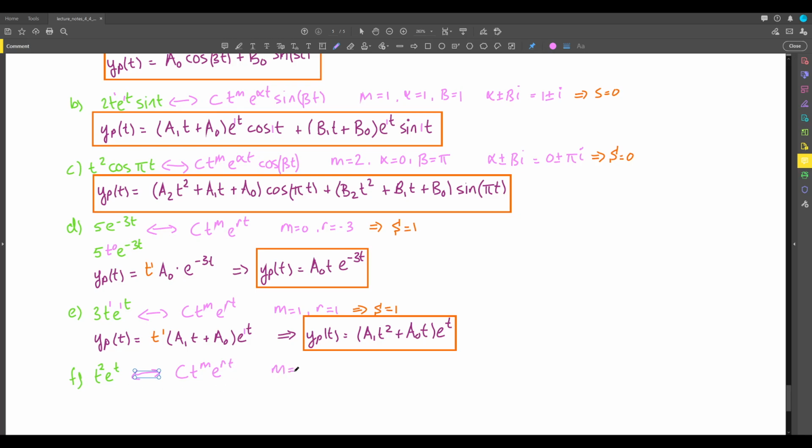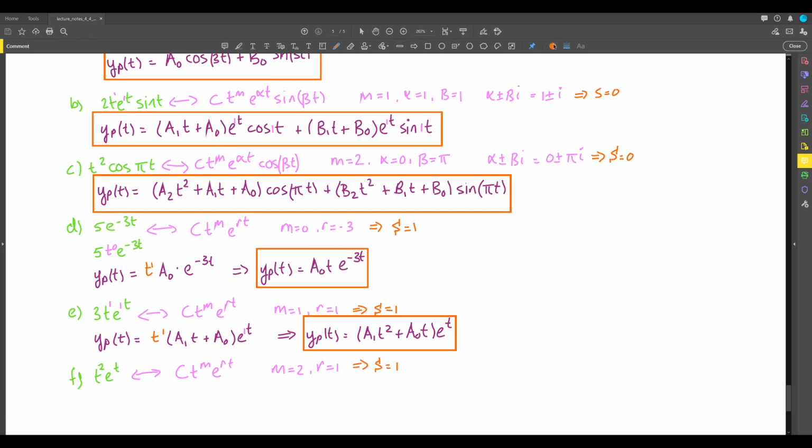Here we see that m equals 2, r equals 1, and just as before, it's a root of the auxiliary equation, so we have s equals 1.